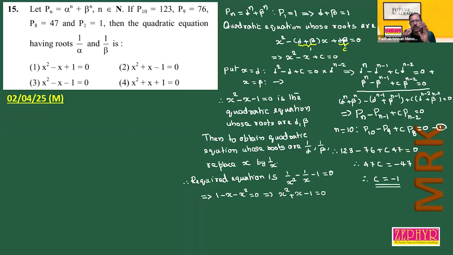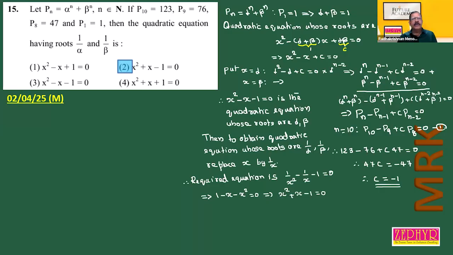But generally, you should know how to find a quadratic equation whose roots are 1 by alpha, 1 by beta, or minus alpha, minus beta. If you want the quadratic equation whose roots are minus alpha and minus beta, just replace x by minus x. That's all. I did this only to let you know the method. So the answer is x squared plus x minus 1 is equal to 0.